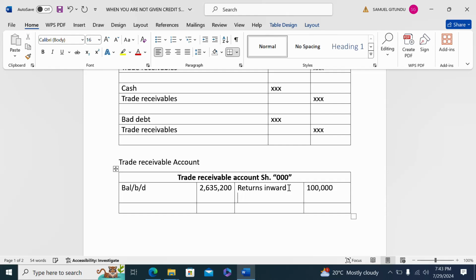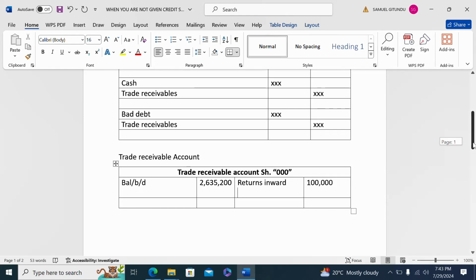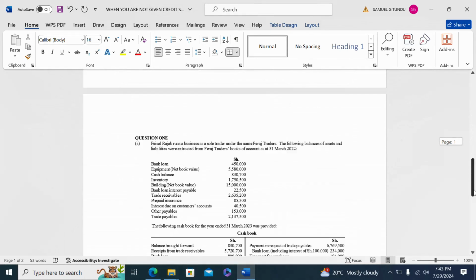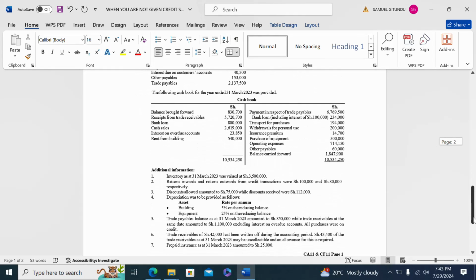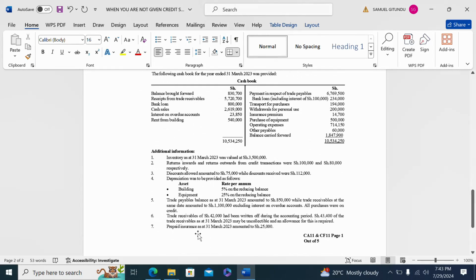We first find out from our question whether there was any discount allowed. And I can see from additional information number 3, the discount allowed amounted to 75,000 shillings.